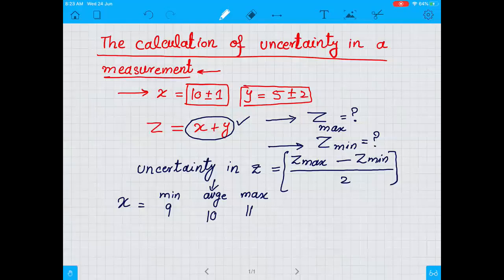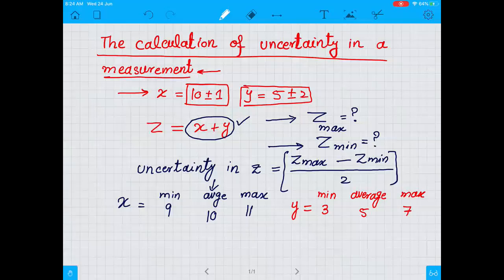Now for y, the minimum value is 3, the average value is 5, and the maximum value is 7.